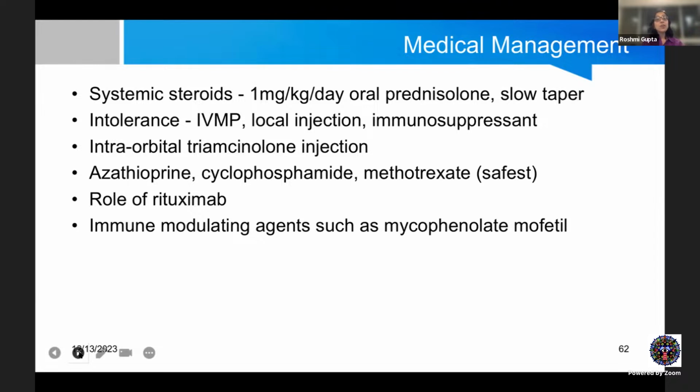Rituximab and many of the monoclonal antibodies are now coming into play, and there's quite an array of them. Rituximab is already pretty much in use in the ophthalmology context, and particularly in the context of IgG4 disease. Other immunomodulating agents that have come in include mycophenolate mofetil.